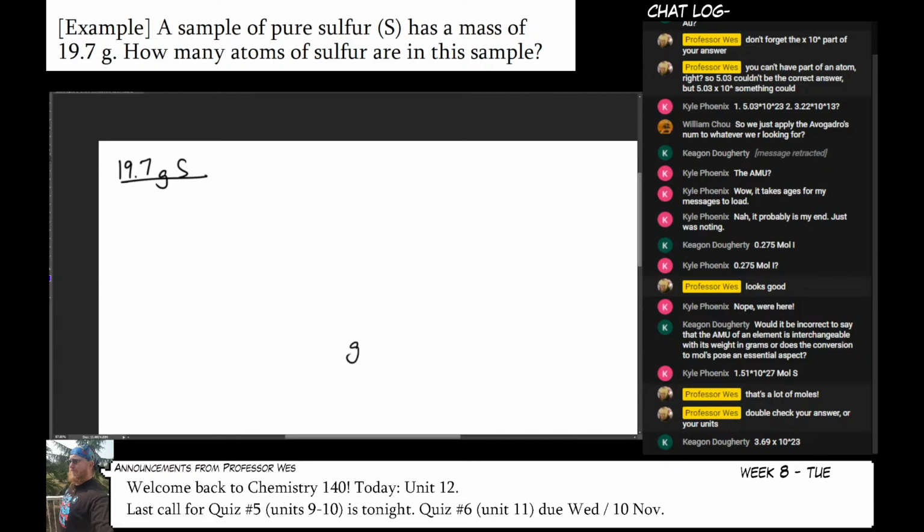To solve this, I could turn grams of sulfur into moles of sulfur. And if I know the number of moles, I then know the number of atoms, right? Because there's a relationship between grams and moles that I can get off of the periodic table. And the relationship between moles and atoms is Avogadro's number.